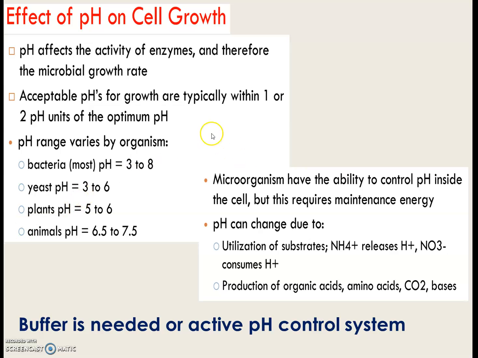So in order to control the pH range in the system or process, a buffer is needed to make sure that the pH range can be sustained in the system or in the process.